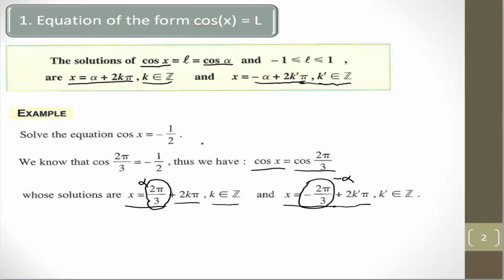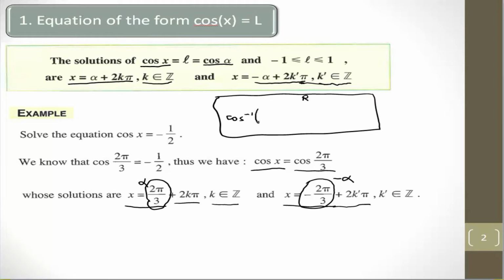The second way is very easy, using a calculator. In the calculator screen, it should be in radians, capital R, not degrees. Press shift cosine of minus half, so it writes cosine inverse of minus half.